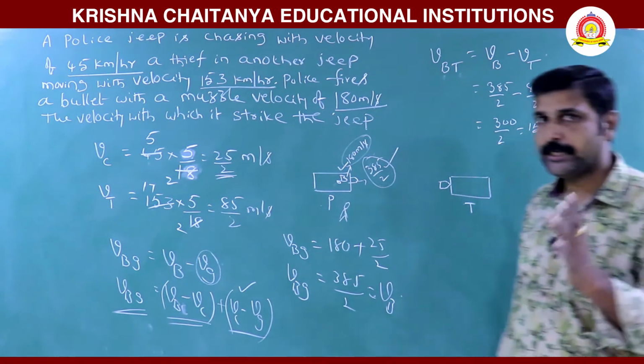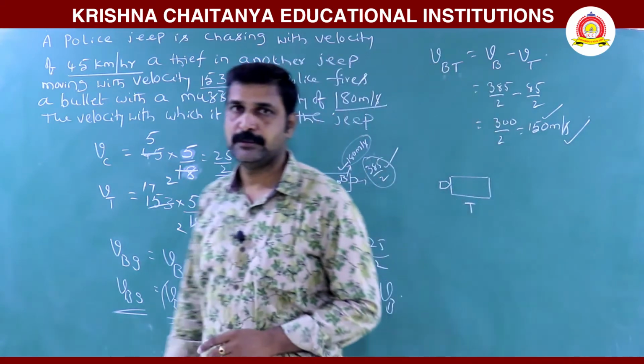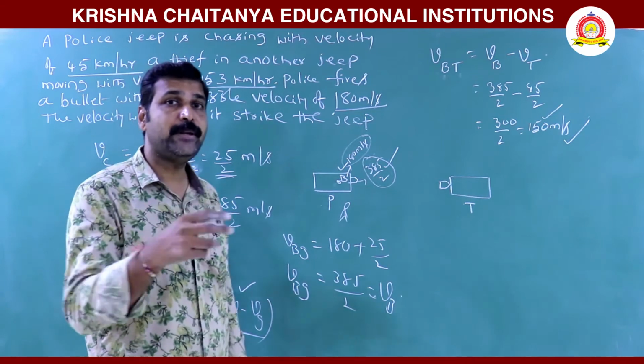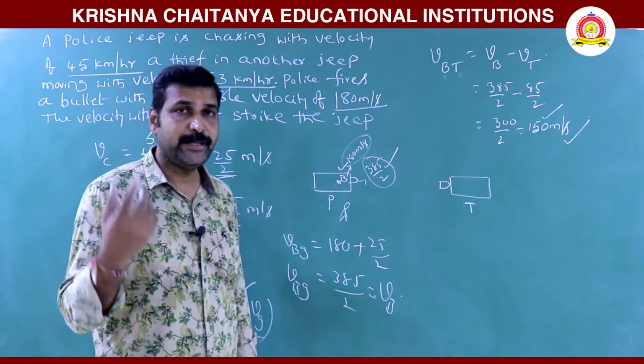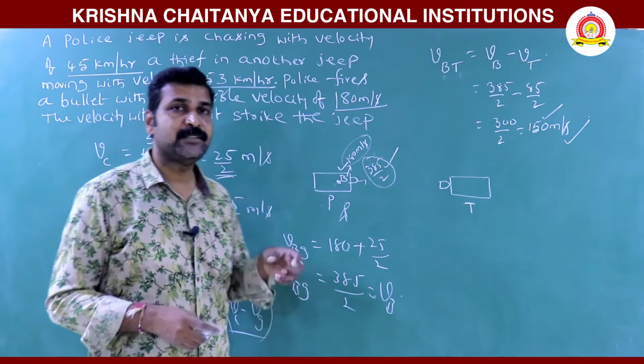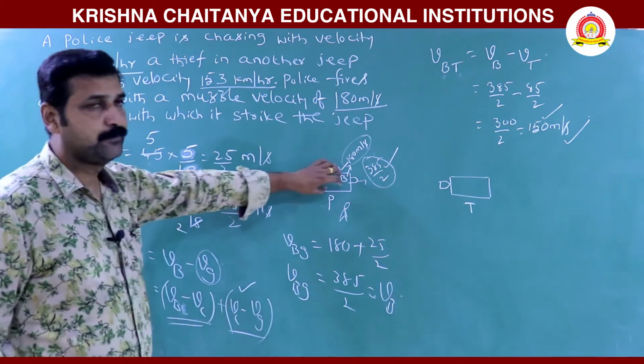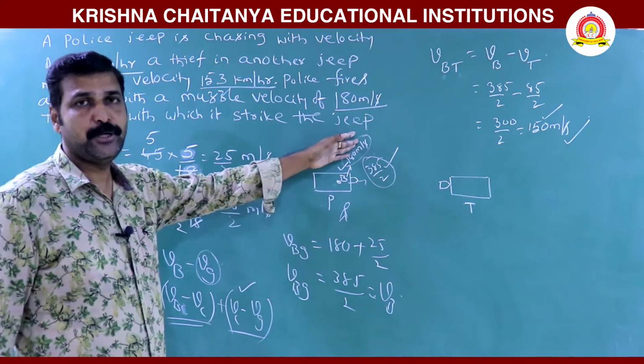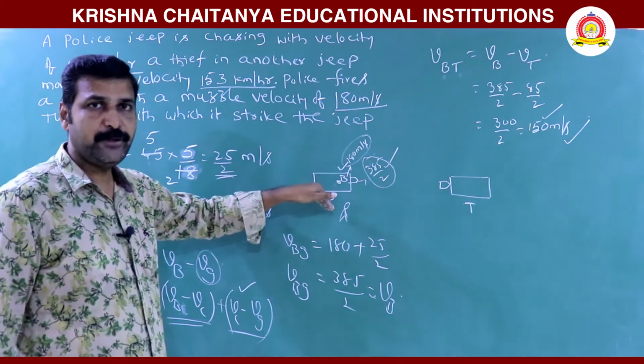When we are dealing with relative motion problems, first of all, see where these parameters are involved in the frames. Here, if you take the bullet, first it is involved in the policeman frame. So with respect to the policeman, he knows the velocity of the bullet, since it is in that frame.